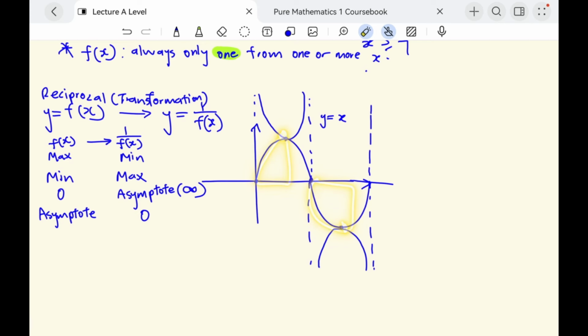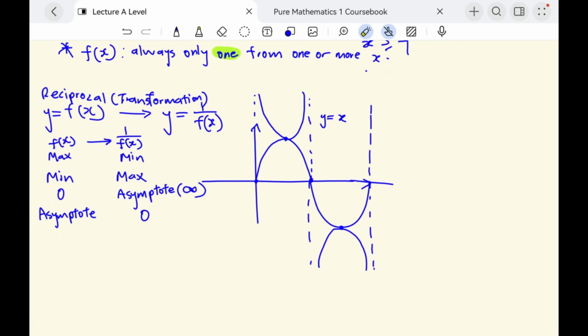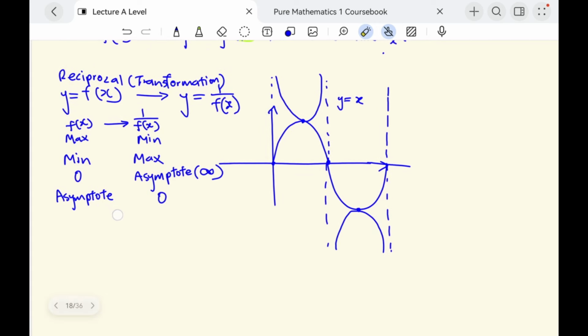Your maximum point will become a minimum point, and the minimum point becomes a maximum point, and your zero intersections will become an asymptote. Asymptote will become 0. This one I should have covered with you in a subtopic of this same chapter before. Okay? For more details, I will cover this in further mathematics chapter 2, which is the rational functions and graph. Alright? I will not discuss this too much.